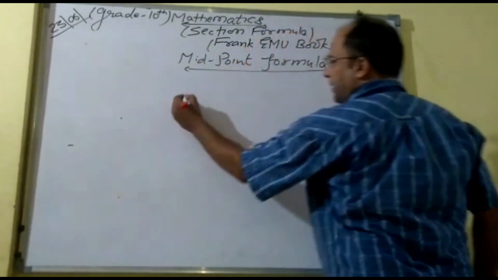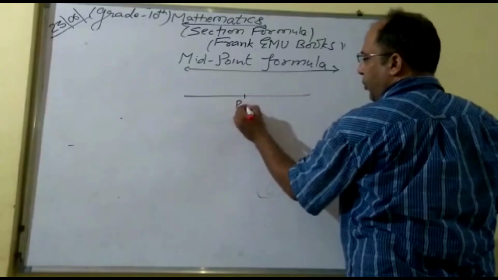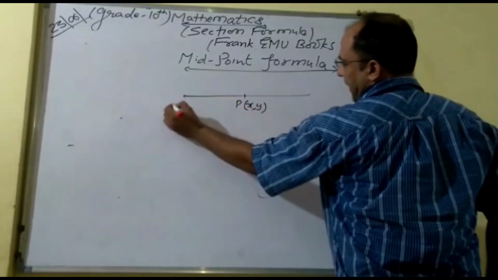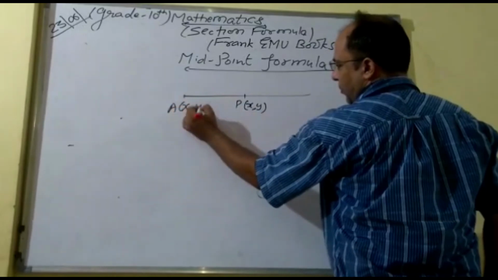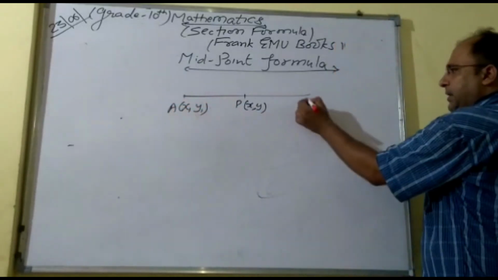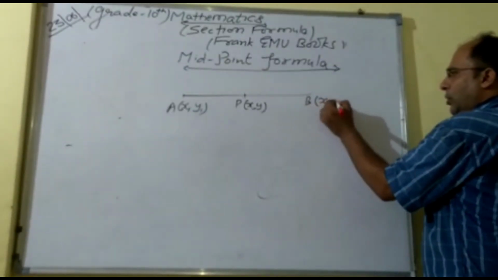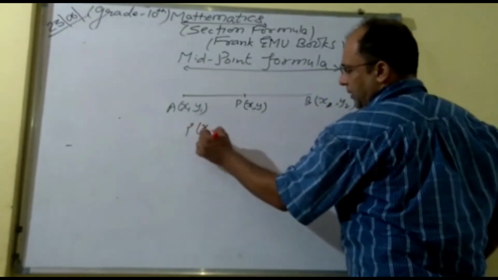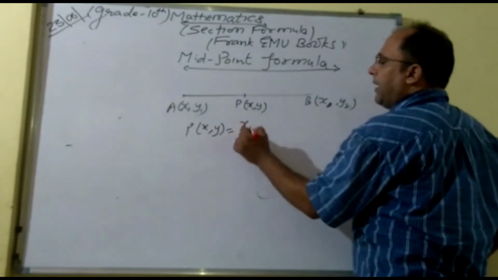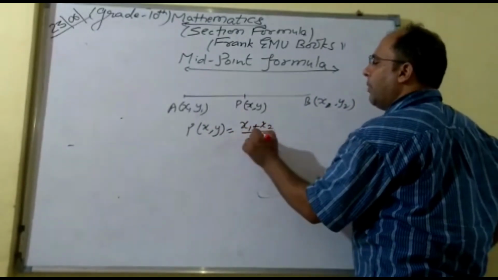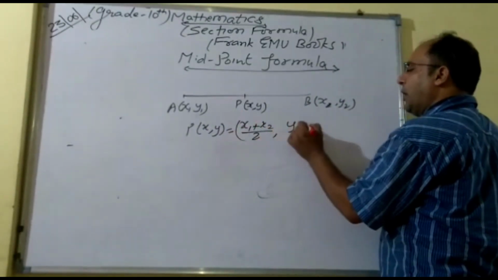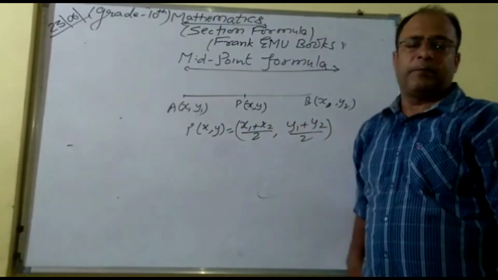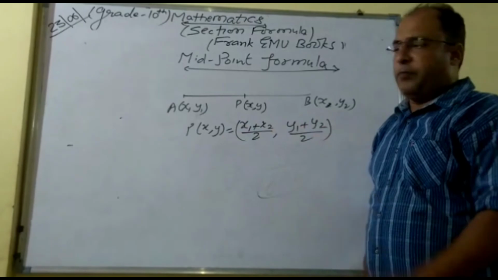Midpoint formula means, suppose P(x, y) is a point and A is given x1, y1, B is given x2 and y2. Then P(x, y) is equal to what? x1 plus x2 by 2 comma y1 plus y2 by 2. That is a very simple concept and you can get the answer.